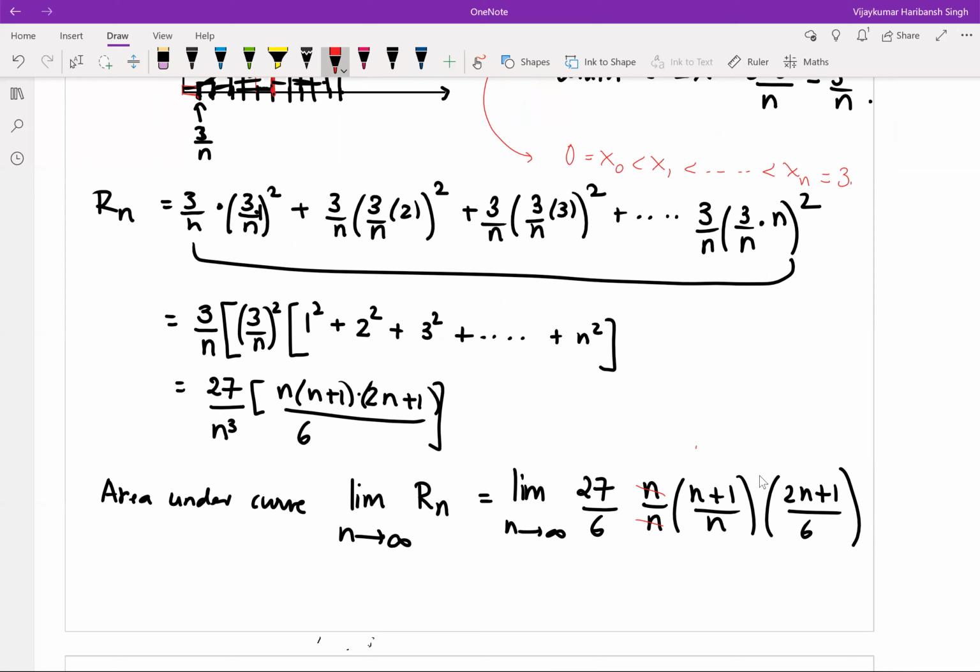You can write this as 1 plus 1 by n, and this as 2 plus 1 by n, right? And now as n goes to infinity, 1 over n goes to 0. So you will get 27 by 6 times 1 times 2, which is 27 by 3, which is 9 square units.